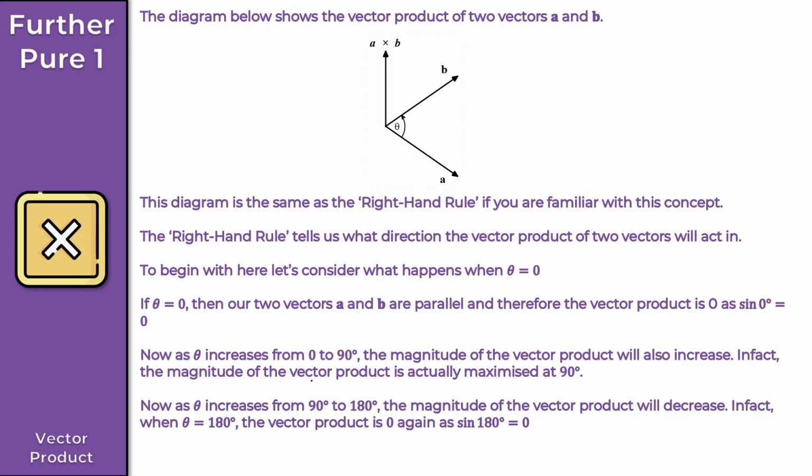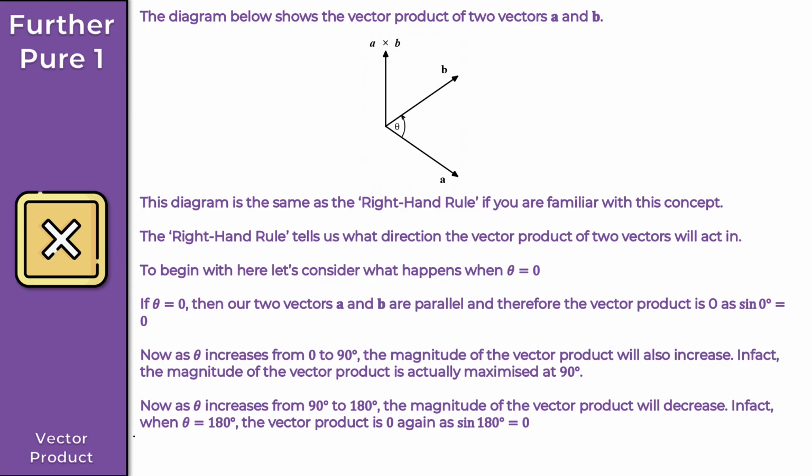Then finally, as theta increases from 90 degrees to 180 degrees, the magnitude of the vector product will decrease this time. So when theta equals 180 degrees, the vector product is 0 again, as sine of 180 degrees equals 0. Please do make a note of these last 3 points. These are quite important to consider and be aware of.